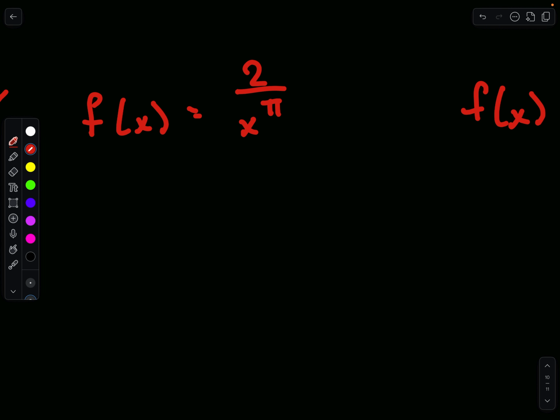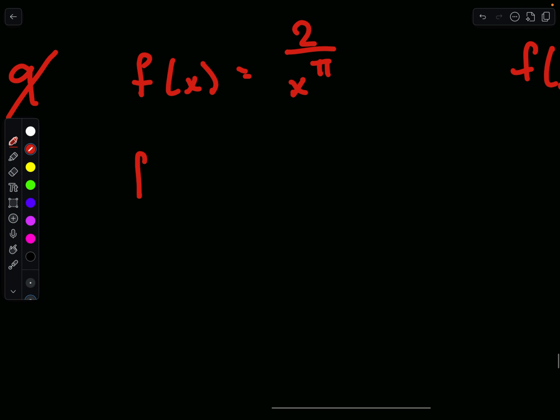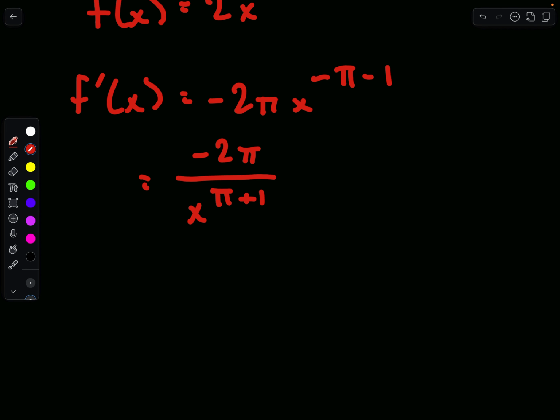Next, we see an x to the pi in the denominator. We can simplify this to get 2x to the negative pi. This means f prime of x equals negative 2 pi x to the negative pi minus 1, which is negative 2 pi over x to the pi plus 1.